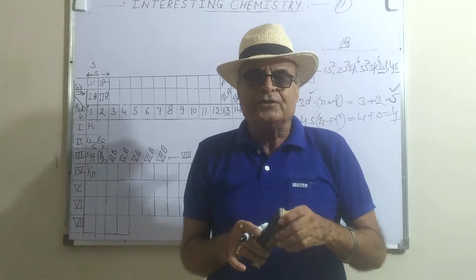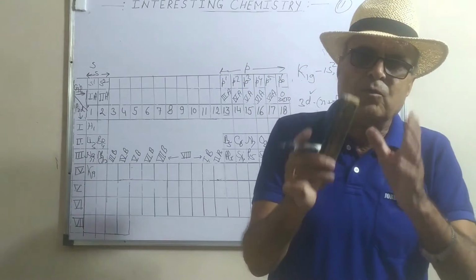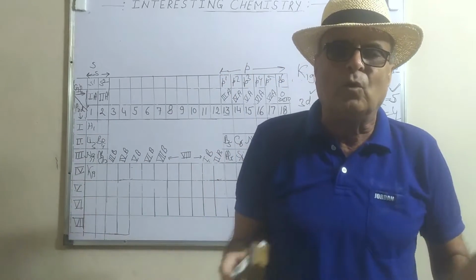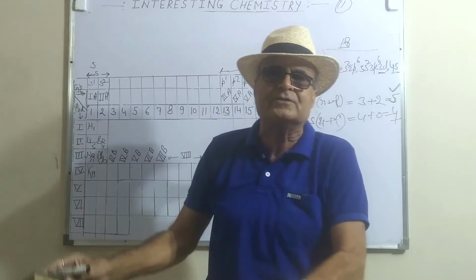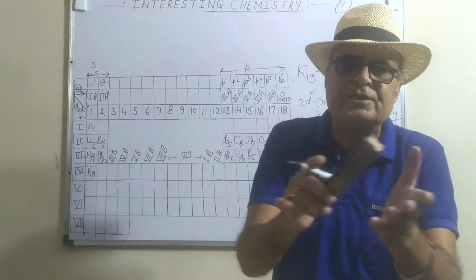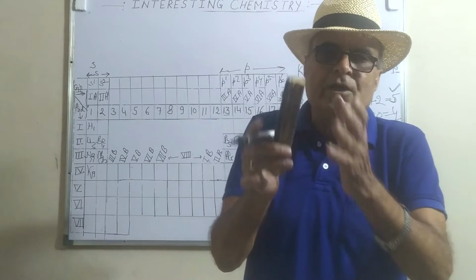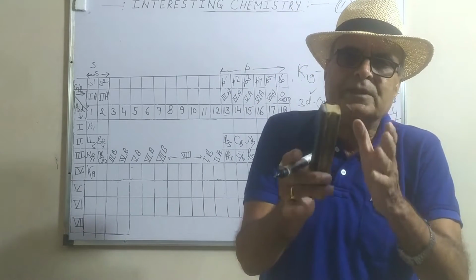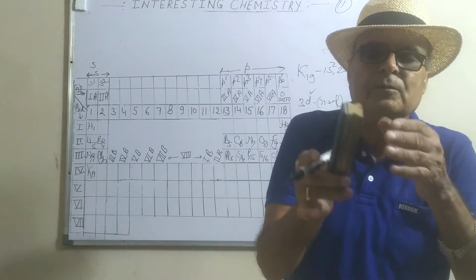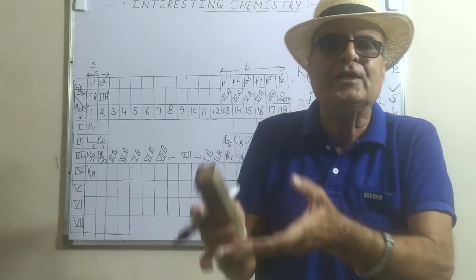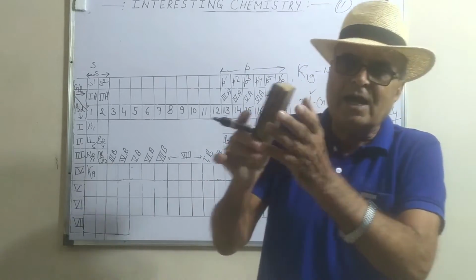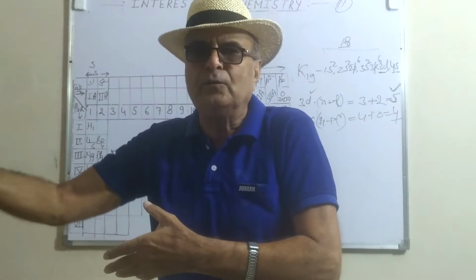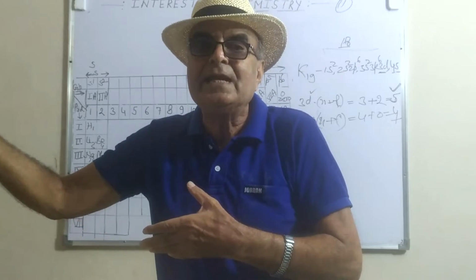Because in the Aufbau principle I explained the order of filling of the orbitals, that is according to the increasing order, the orbital that is lower in energy will be filled first, and the orbital that is higher in energy will be filled later.